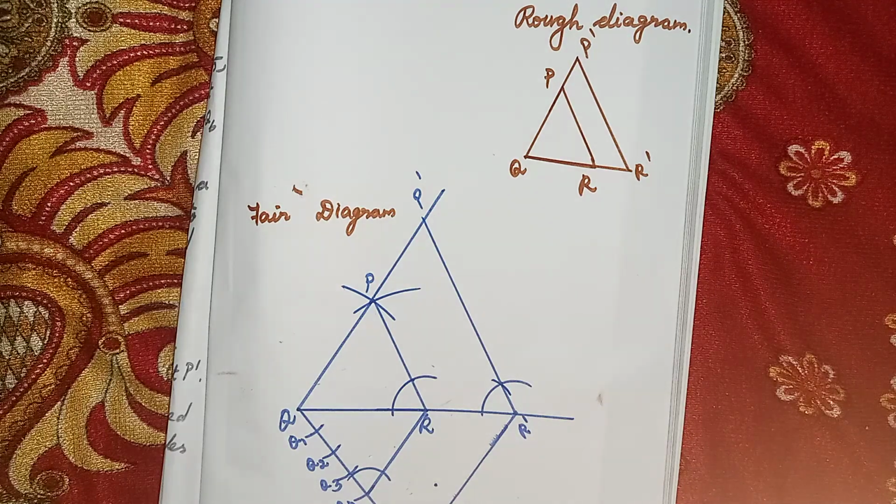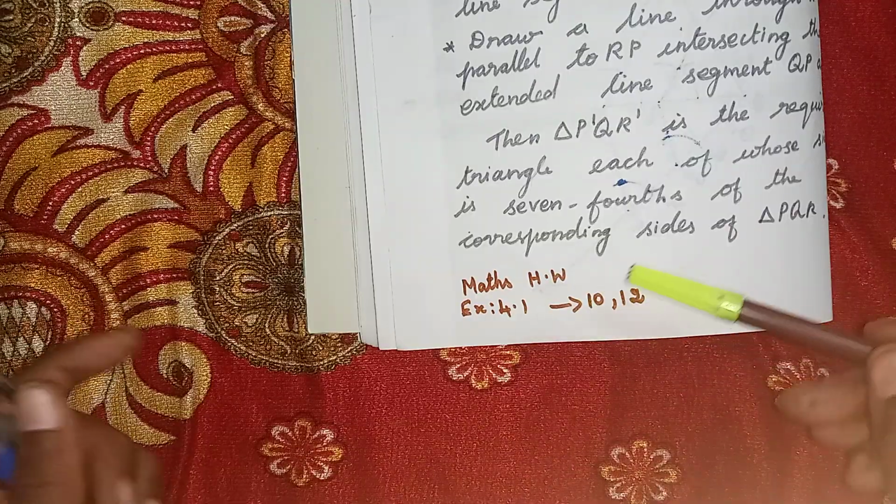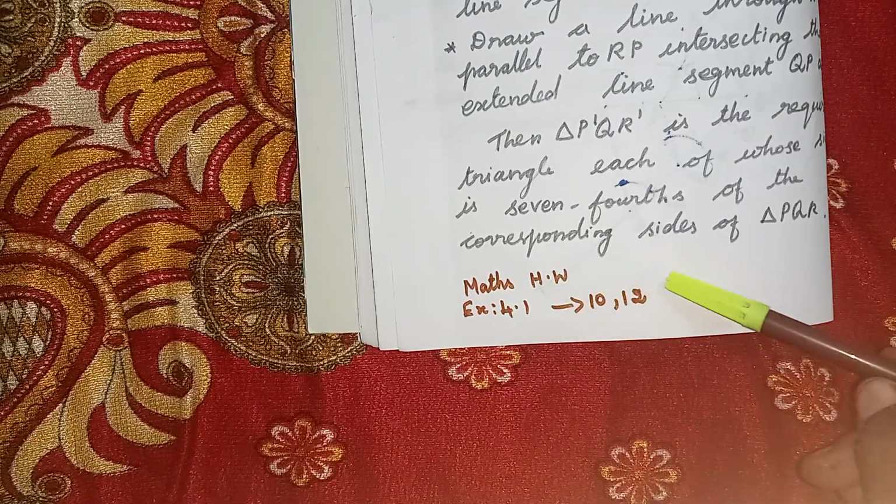Now I am going to give 2 problems as homework. The remaining problems we will give tomorrow. Today I am giving 2 problems as homework, same model. Exercise 4.1, the 10th problem and the 12th problem.